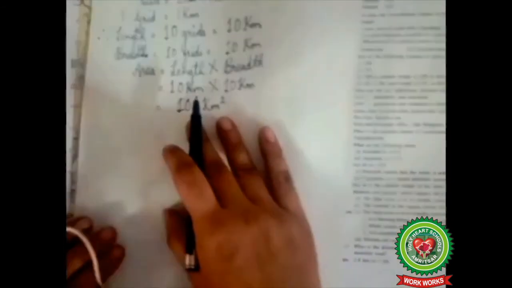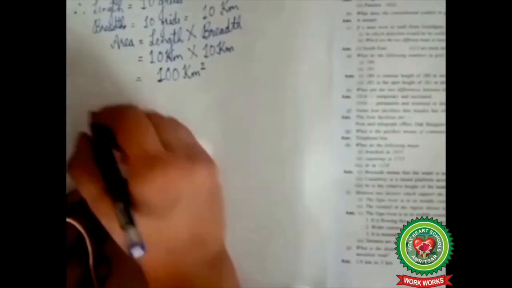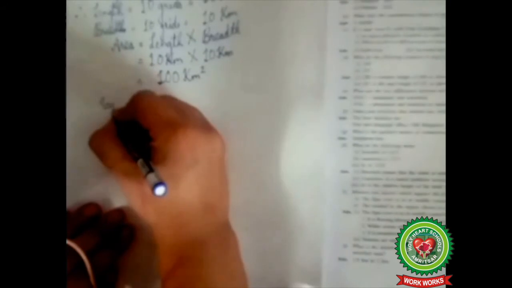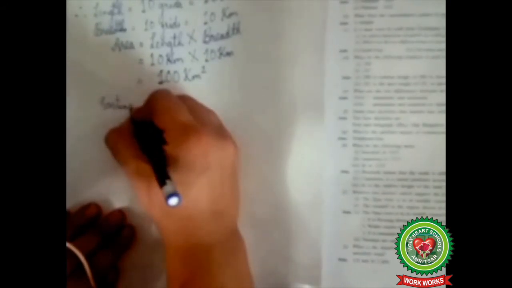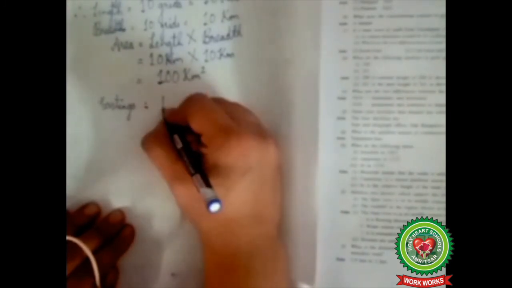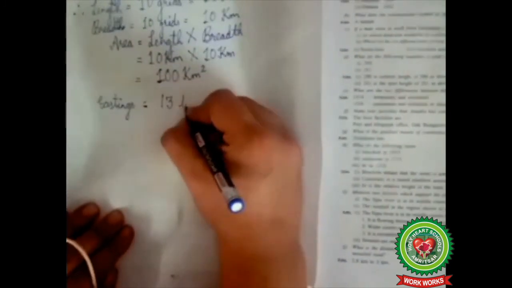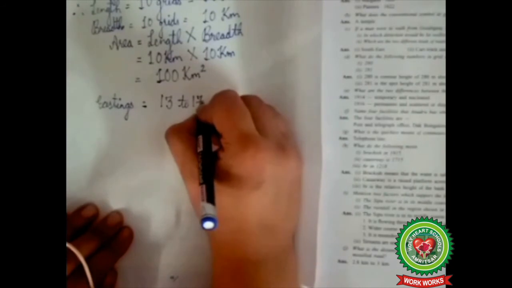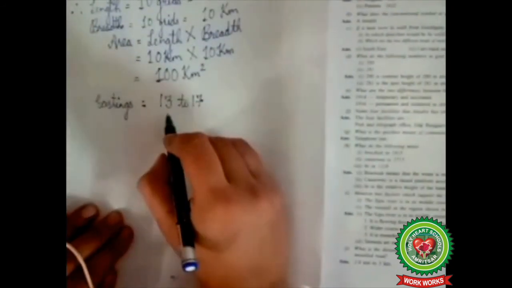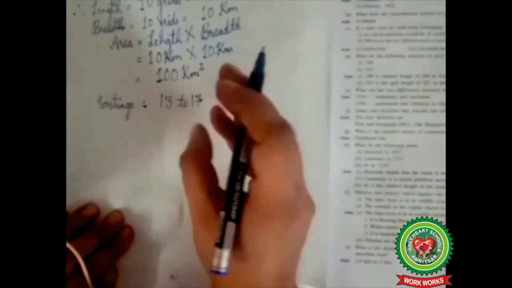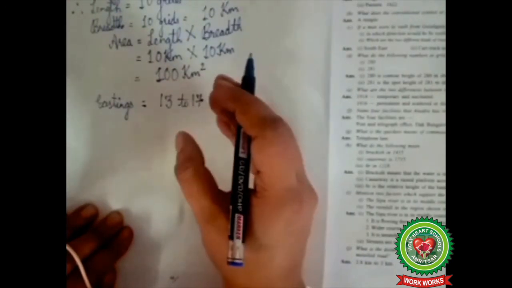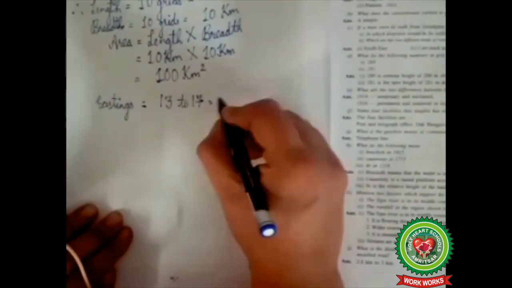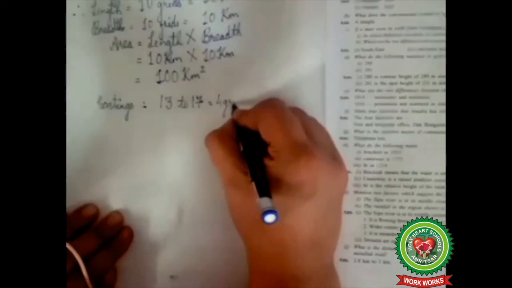So first of all we'll note down our eastings. Eastings is equal to 13 to 17, that is 13, 14, 15, 16, 17. We have a total of 4 grids.